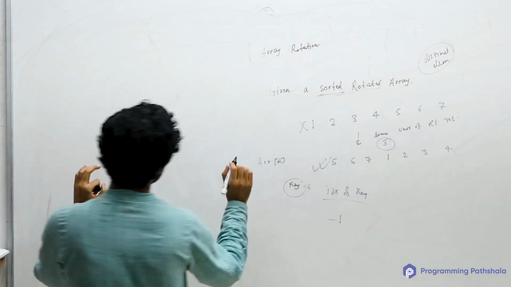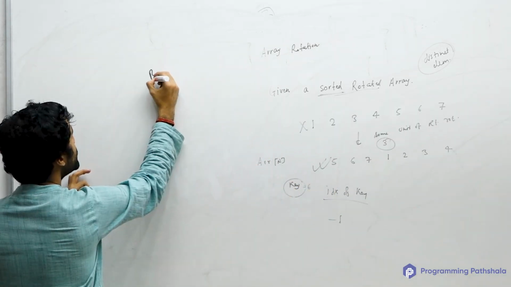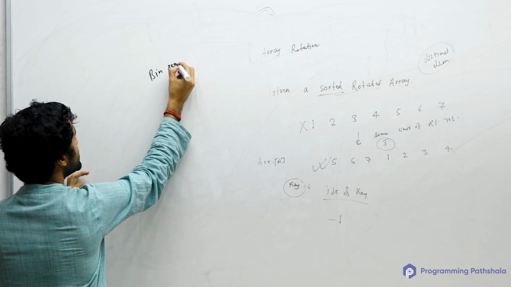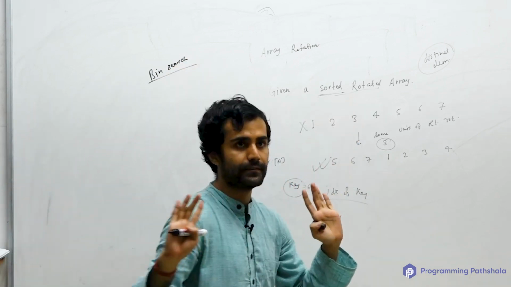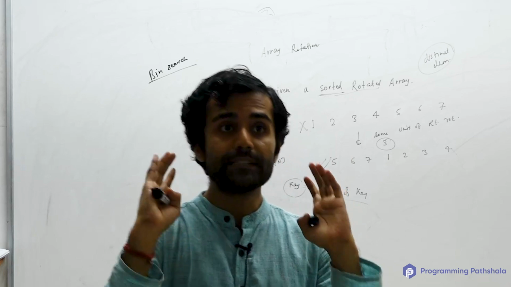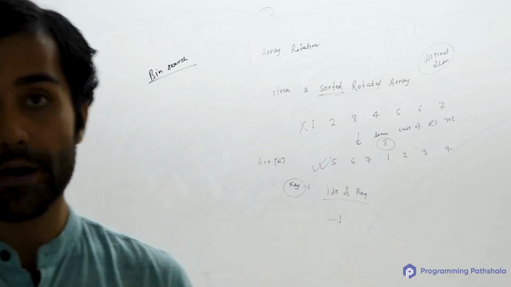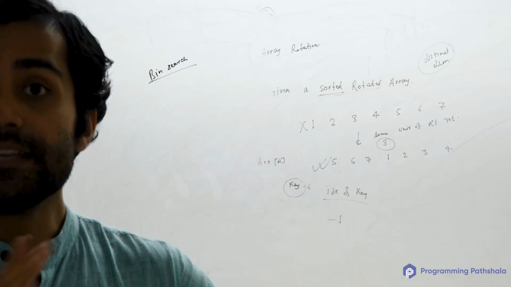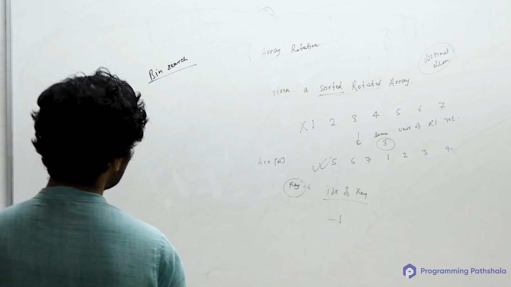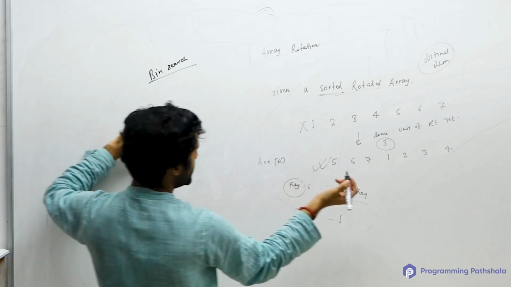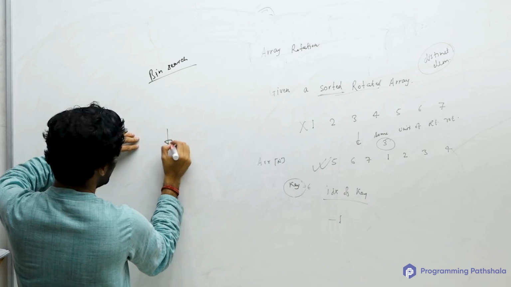The first thing that I told you, in order for you to apply binary search, it is not necessary that the array should be sorted. There should be certain order, there should be certain ordering, okay? By ordering I mean to say that let's say your answer is somewhere that you want to find.